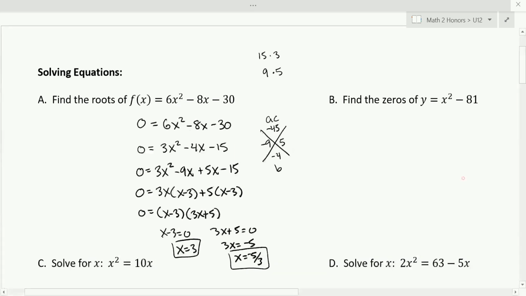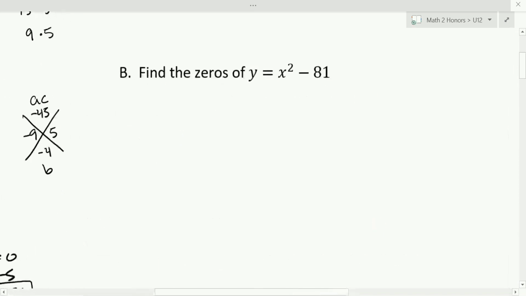All right. Let's look at the next one. Find the zeros of y equals x squared minus 81. So how do we find zeros? Set y equal to 0 and solve. So this is the same thing as writing x squared minus 81 equals 0. What would you do?